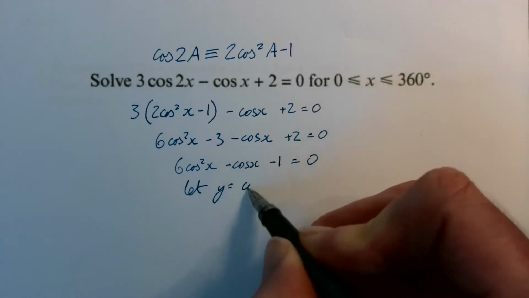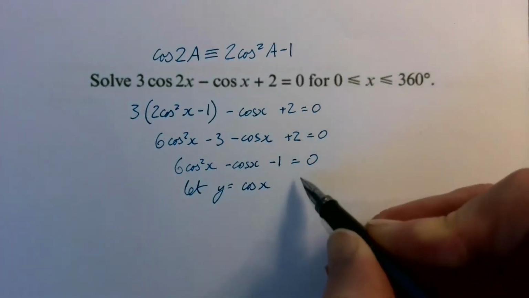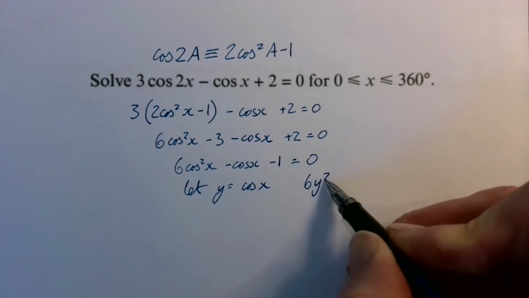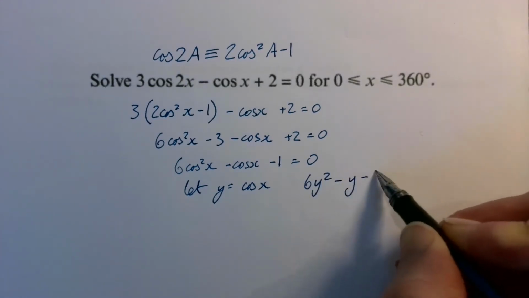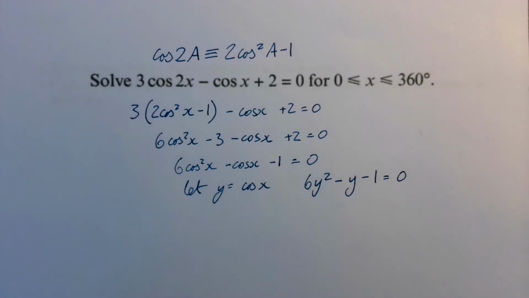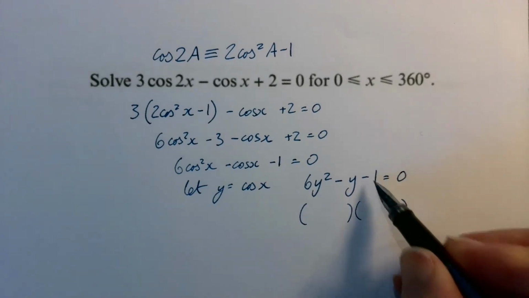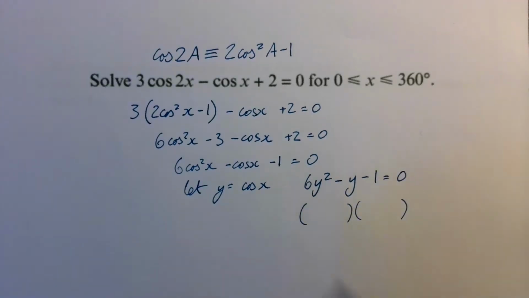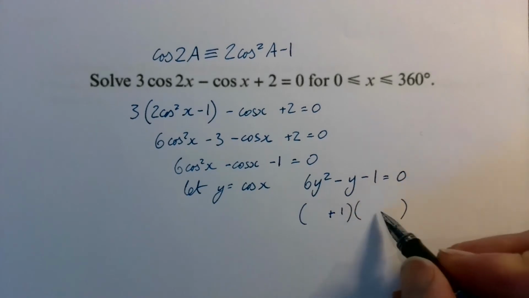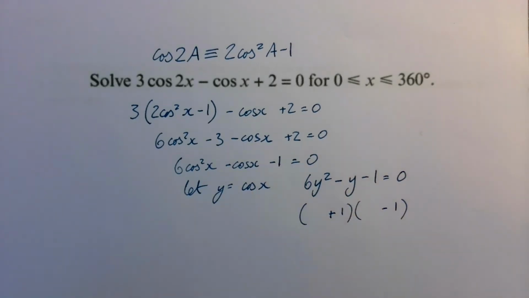Let y equal cos x, and we're dealing with 6y squared minus y take 1 equals 0. When it comes to factorising that, just think about the fact that you've got 2 numbers multiplied together to make -1. They're going to have to be +1 and -1. And then we're thinking what combinations of y. So it's 6y and y, or 3y and 2y.